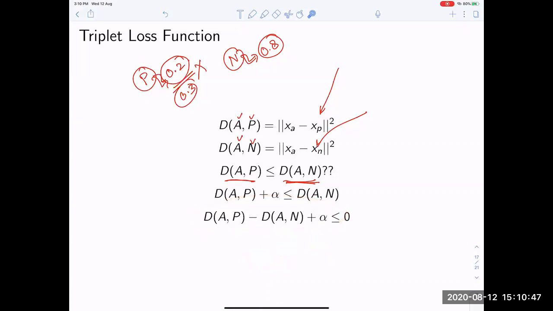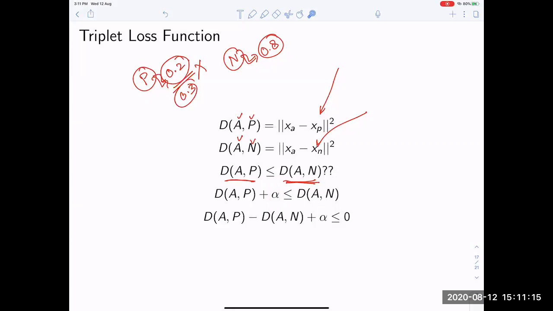Before that, what do you want? You want that this thing may not be equal to 0, and this thing may not be equal to 1. But their distance should be such that DAN should be high, more than this, but not only this, but more, plus alpha. The distance between them is by a margin of alpha. There has to be a margin.